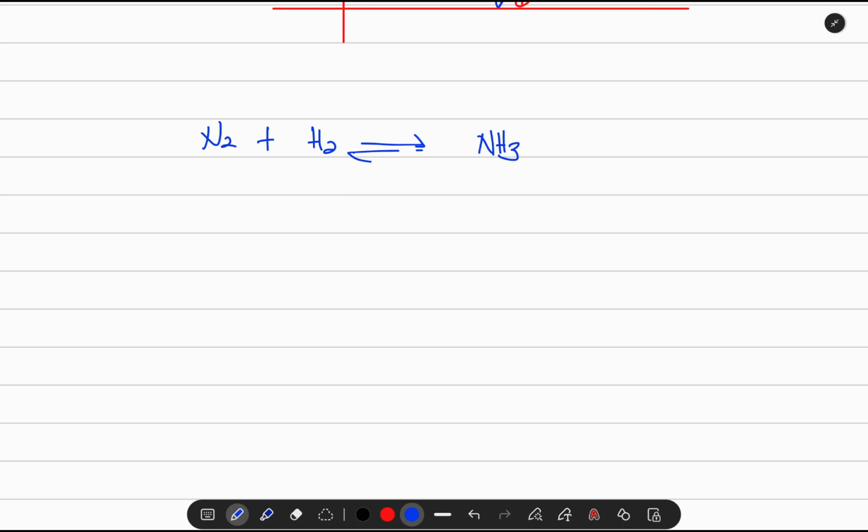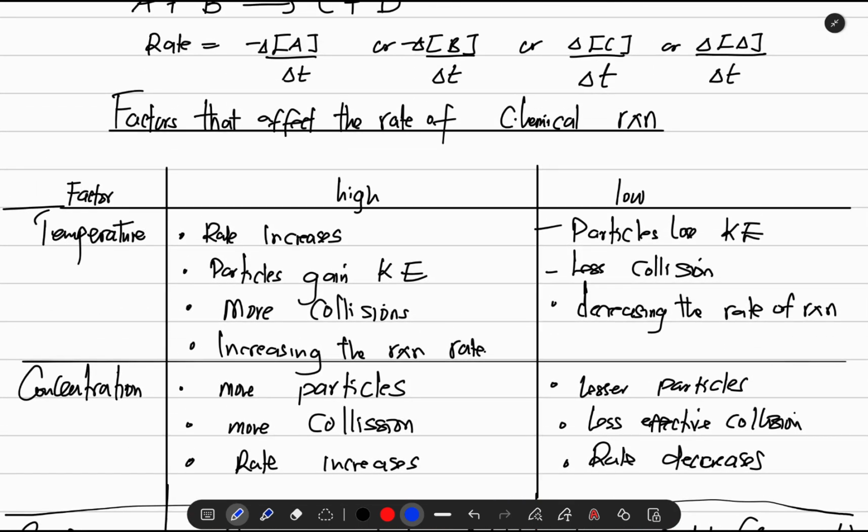More pressure, more collisions, meaning the particles have more energy, hence the reaction is faster. Less pressure, meaning the particles do not have enough energy to collide, meaning there's less collision. If there's less collision, meaning the reaction rate does what? Decreases.